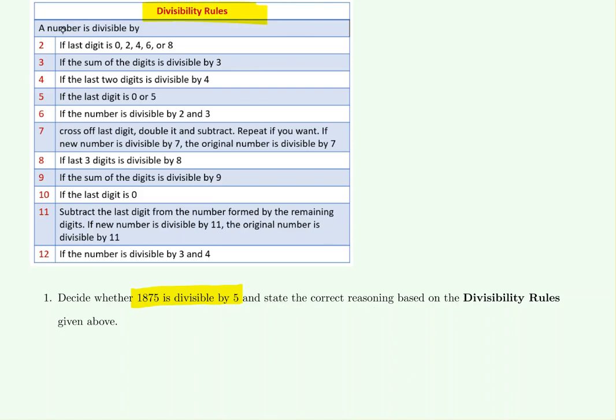So let's first look at the digit 5. I'll highlight it. It says a number is divisible by 5 if the last digit in the number is 0 or 5. So our number was 1875. Looking at the last digit, is it indeed 5? So that fits the criteria.